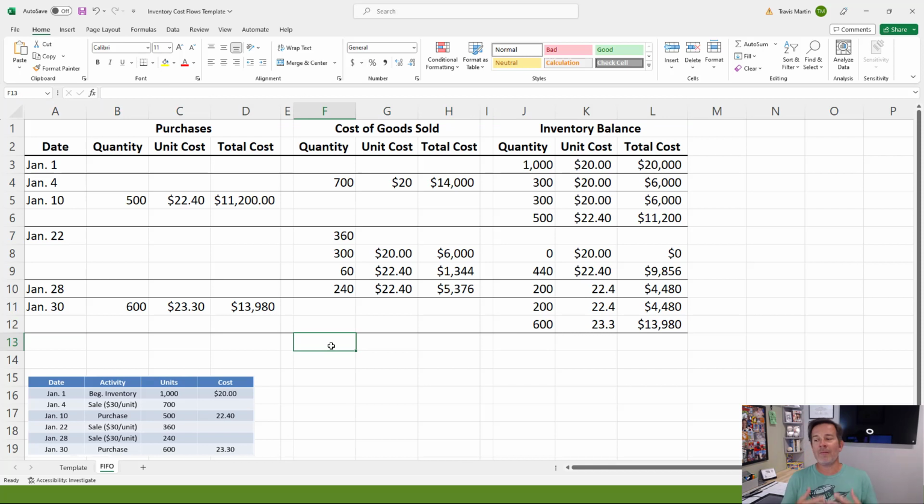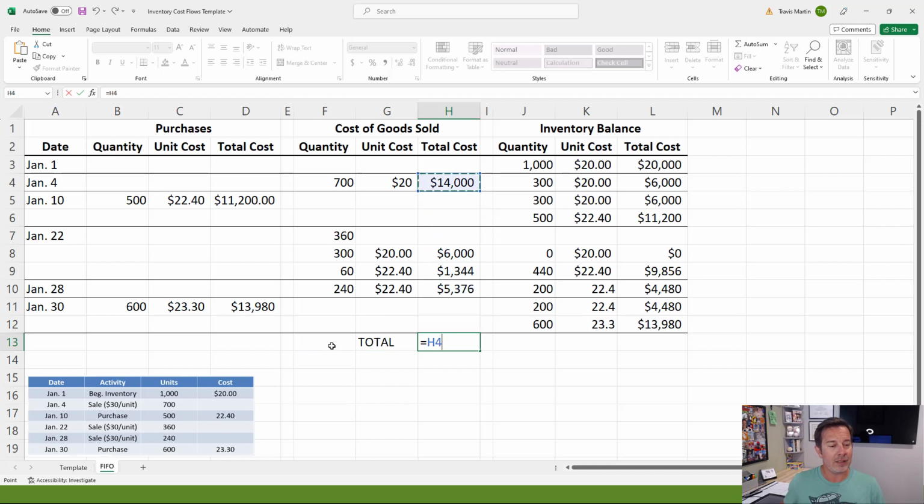Now let's talk about figuring up cost of goods sold and ending inventory. Every time we sold, I calculated a total cost of the inventory that was sold. Walk through that with me. So our total cost of goods sold is going to be about 14,000, 6,000, 13.44, and 53.76.